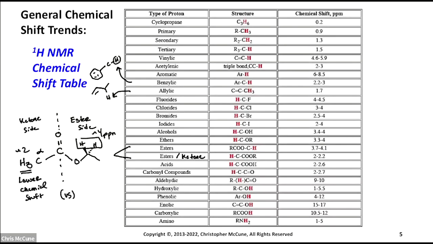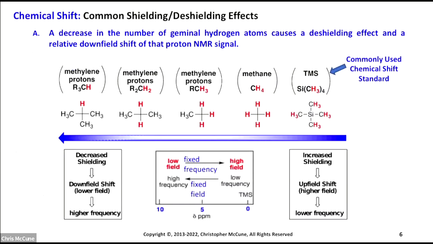And those are different than your normal CHs. Most of your CHs show up around 1, but not over 1. Those are in a different environment, and so you can see the influence that environment has on pulling that chemical shift further to the left, which we call downfield. So that is for your reference.